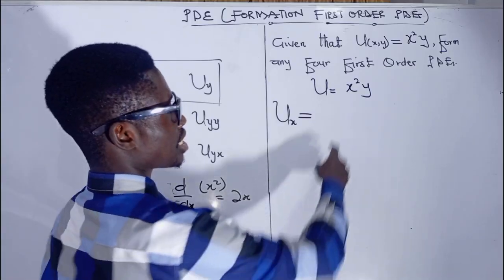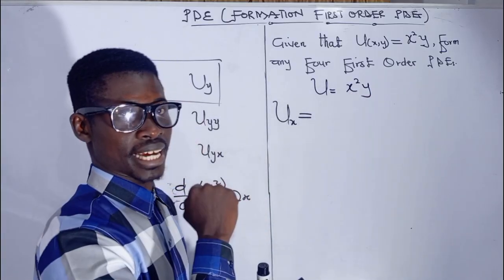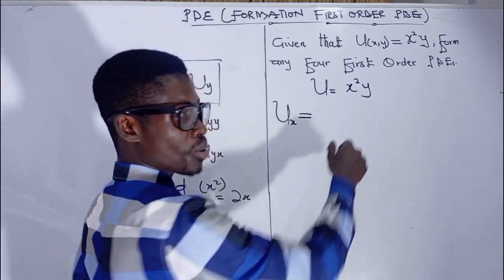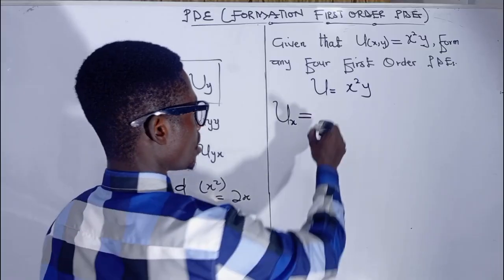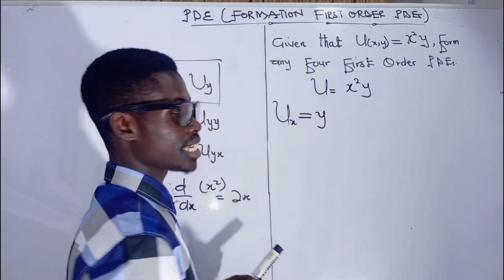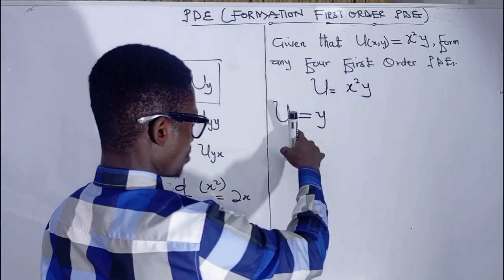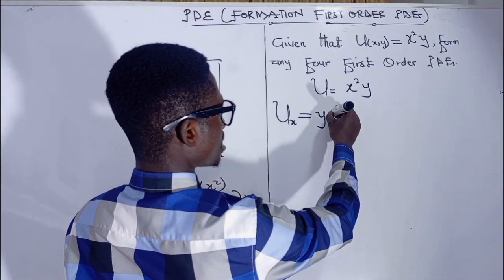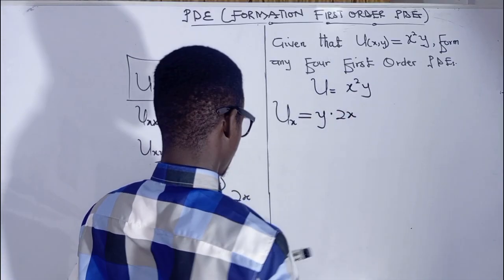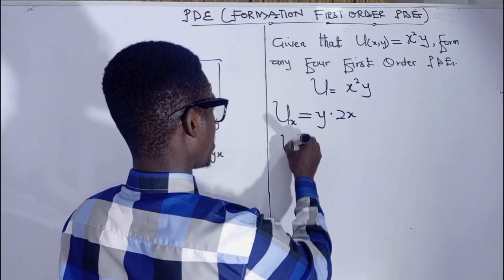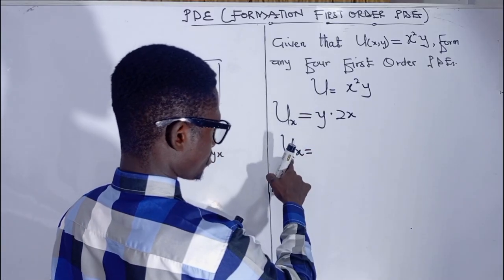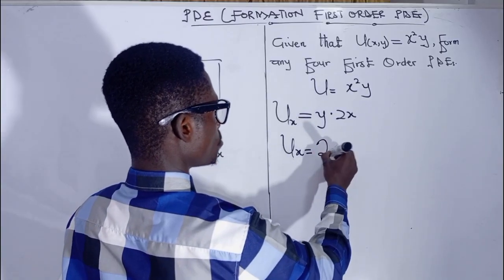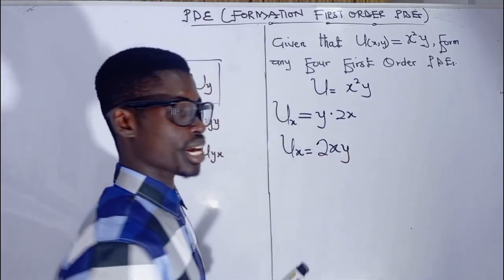Then we differentiate x squared with respect to x, and we get 2x. So we have our first partial derivative of the function u with respect to x, which is 2x y.